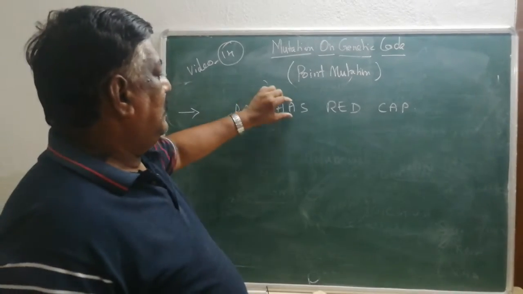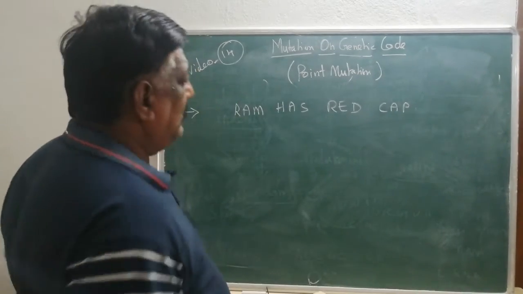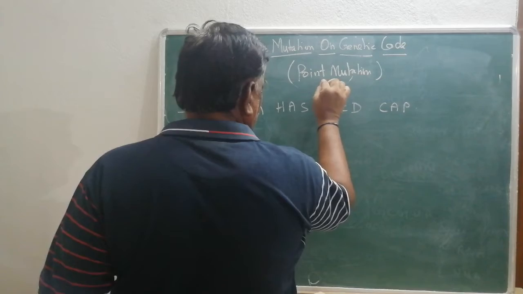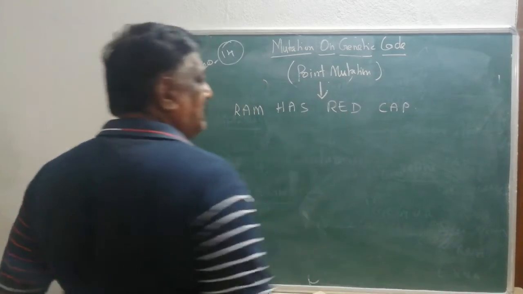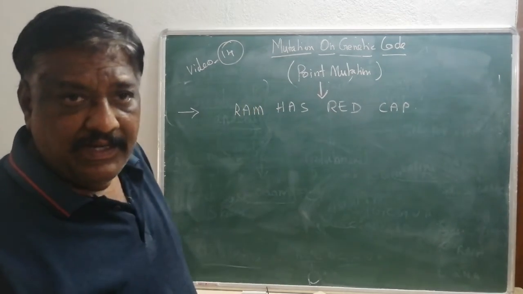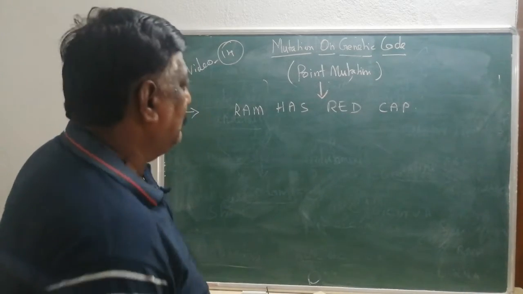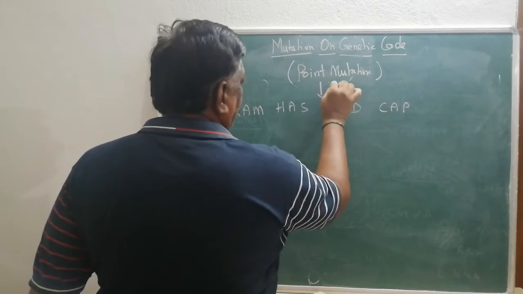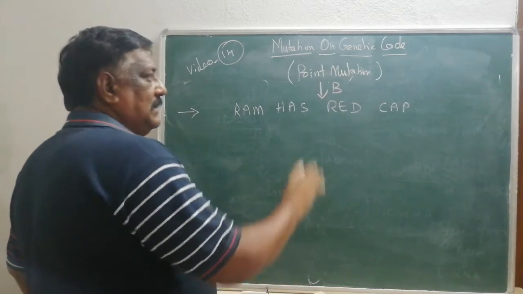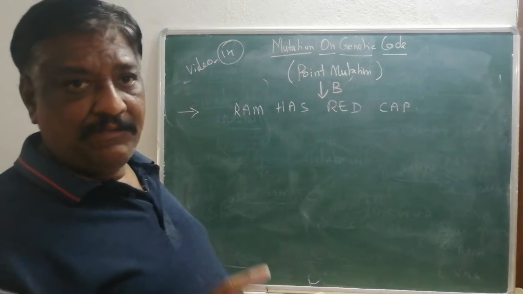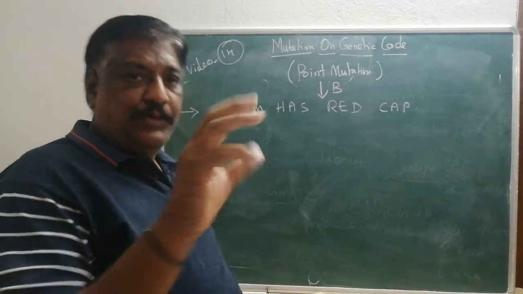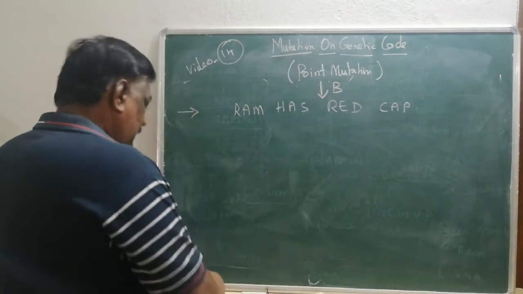Now suppose in this place, instead of R, a mutation takes place and I introduce the letter B. R is mutated into B. What will happen?